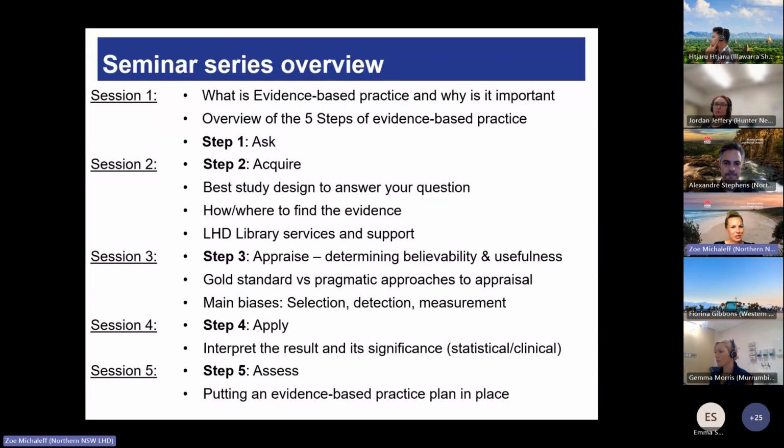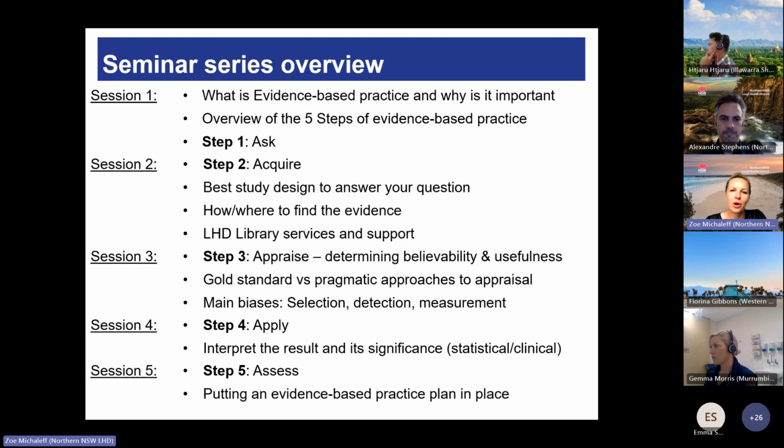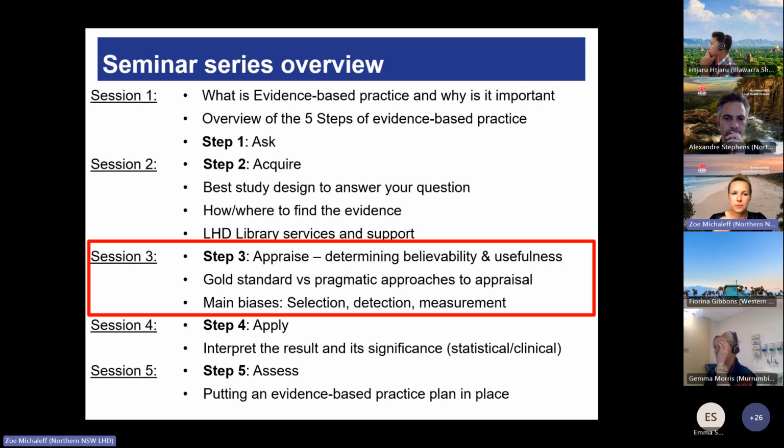So we've been on a bit of a journey together so far. We've gone from asking an answerable research question in week 1 to acquiring the high quality research evidence in week 2. Last week, we had a look at appraising or assessing the believability and usefulness of that information or research articles.